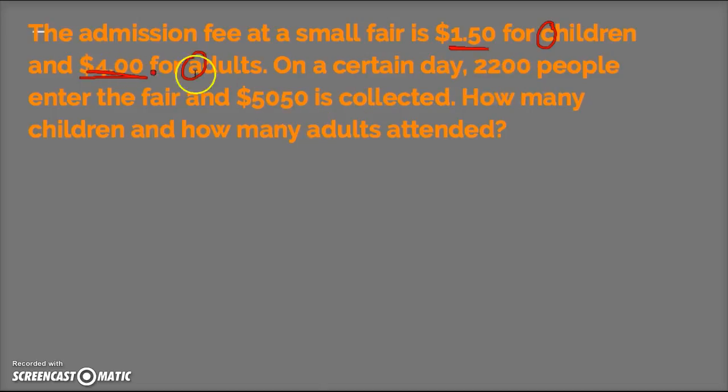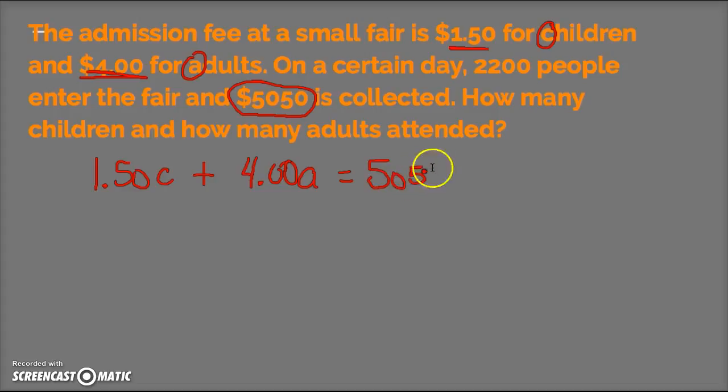Well, since we're talking about the prices and how much the admission fee is, our total for this first equation is going to have to be the amount that was collected, $5,050. So, our first equation, it's $1.50 for each child, $4 for each adult. We would have to add those together to get the total amount that was collected.